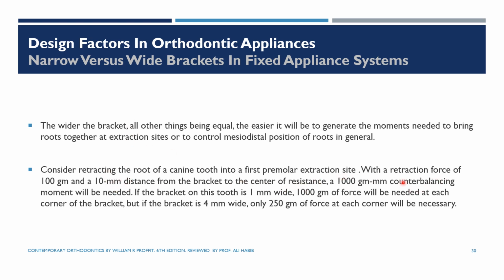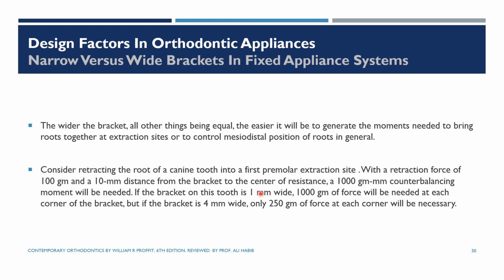So the retraction force applied is around 100 grams. So we expect a 100 gram force at a 10 millimeter distance from the center of resistance will create 1000 gram millimeter. So to overcome this, we need a counteracting moment of 1000 gram millimeter.